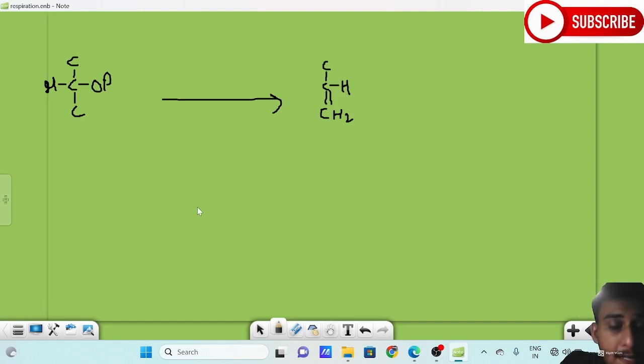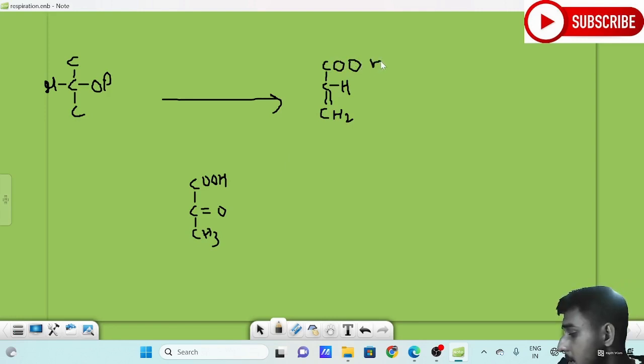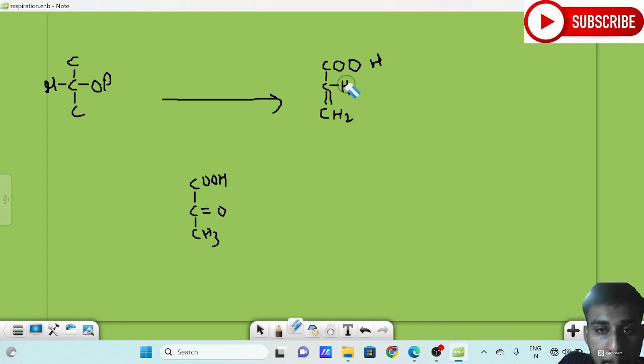First we will draw the structure of pyruvate. What is the structure of pyruvate? The structure of pyruvate is this. This is the structure of pyruvate or pyruvic acid. Now phosphoenol pyruvate means OP.